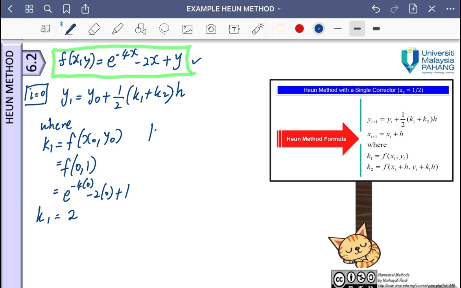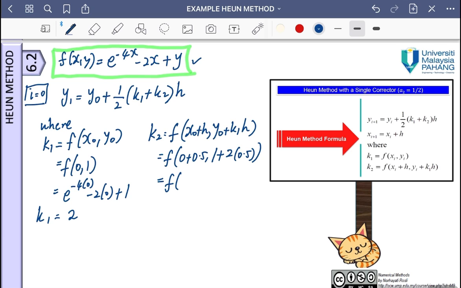The second slope, K2, is the calculation of f at the point x0 plus h and y0 plus K1 times h. This is 0 plus 0.5, and 1 plus 2 times 0.5.